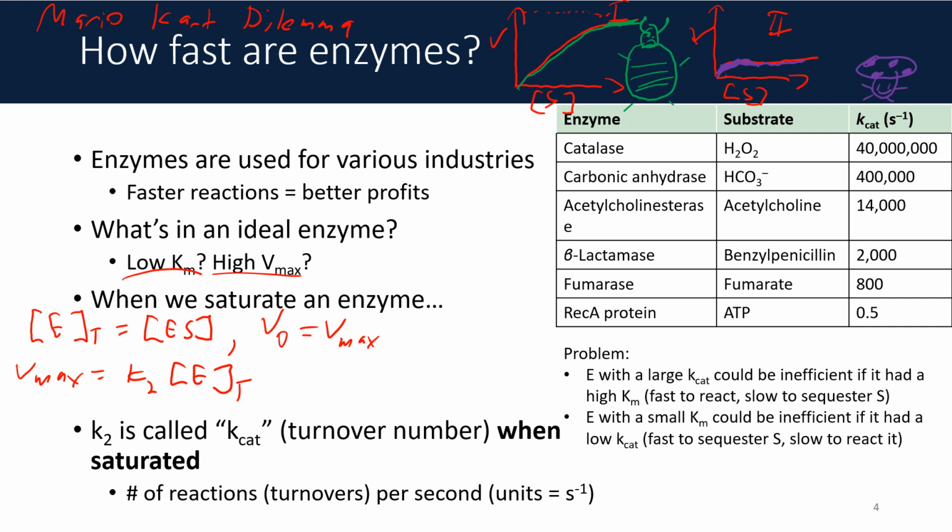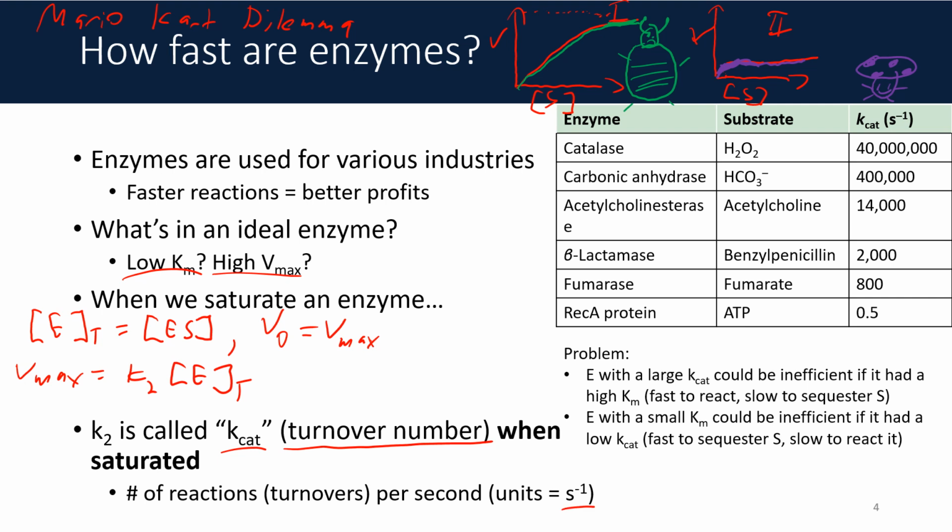It is a zero-order rate law, and therefore its units are going to be inverse seconds, s to the power of -1. And therefore, we sometimes call k2 the turnover number, or kcat, because that tells you how many molecules an enzyme can catalyze in a second. Hence, that's why its units are inverse seconds, or 1 over seconds.